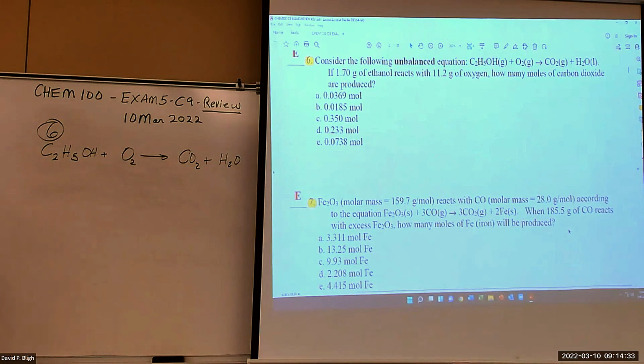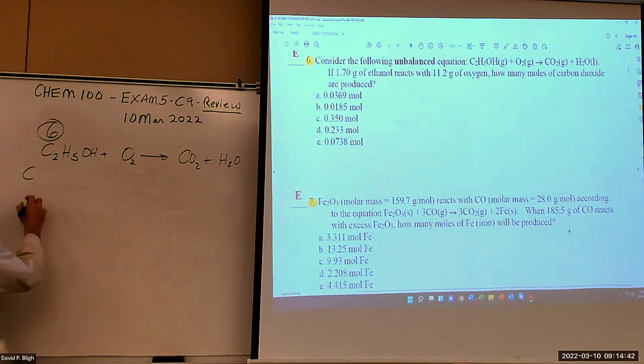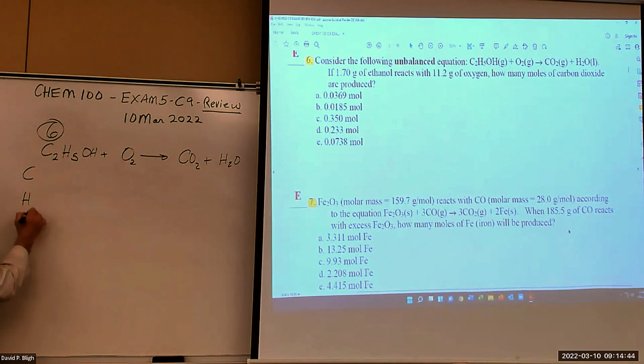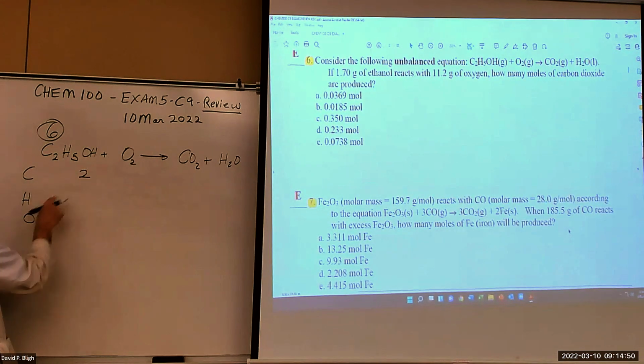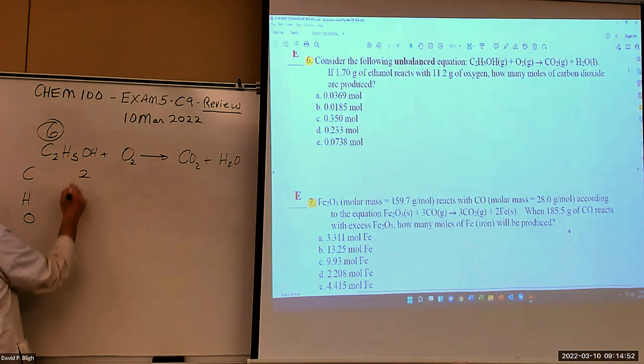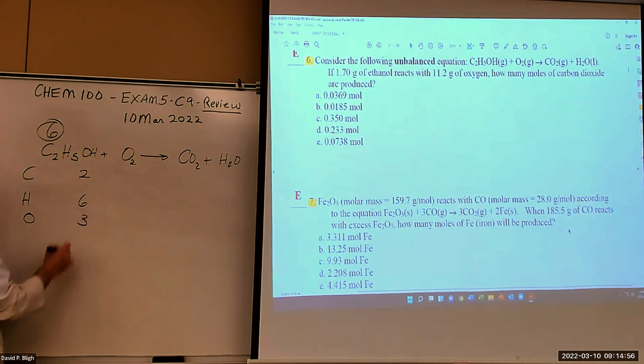So maybe we better do a budget for this one. We have carbon, hydrogen, and oxygen, and that covers all our bases. On this side, we're starting off with 2 carbons, 6 hydrogens, 3 oxygens.